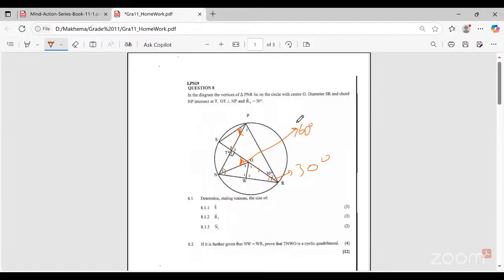The angle at the center is 2 times the angle at the circumference. A nice one. And then now what is the size of that angle N1?